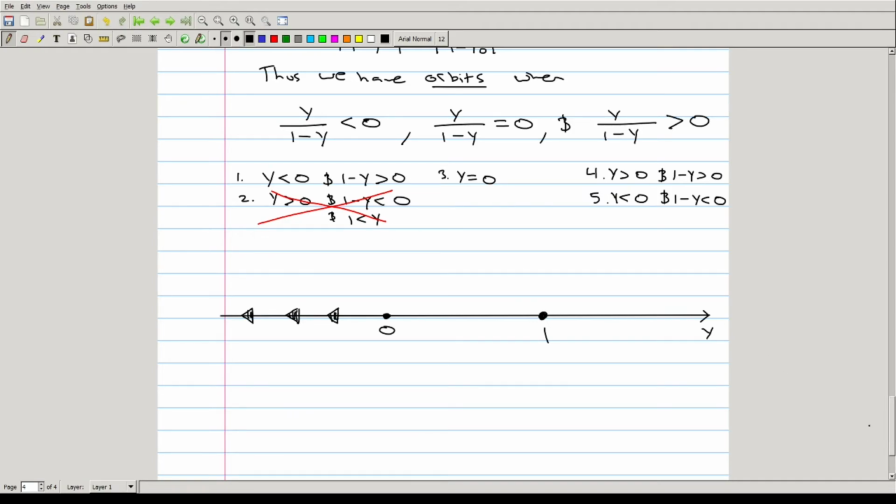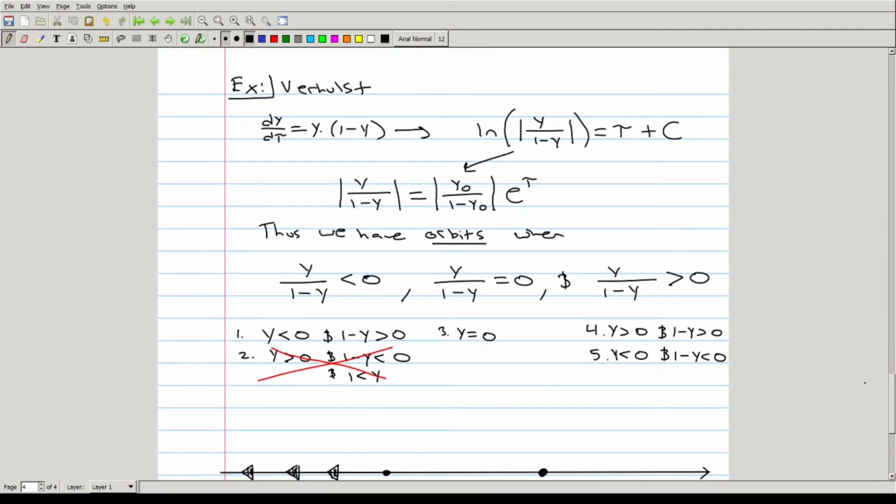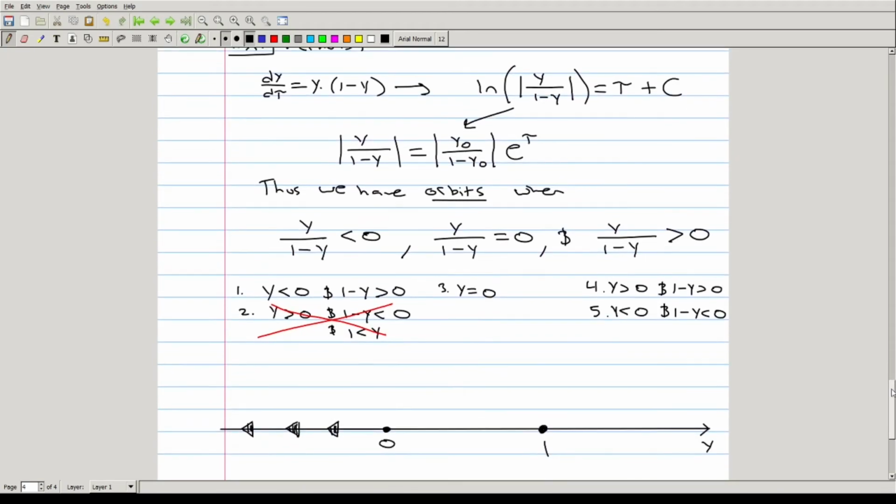I didn't write down the exact solution, but I guess this is technically the exact solution. So it's going to be going down like this.